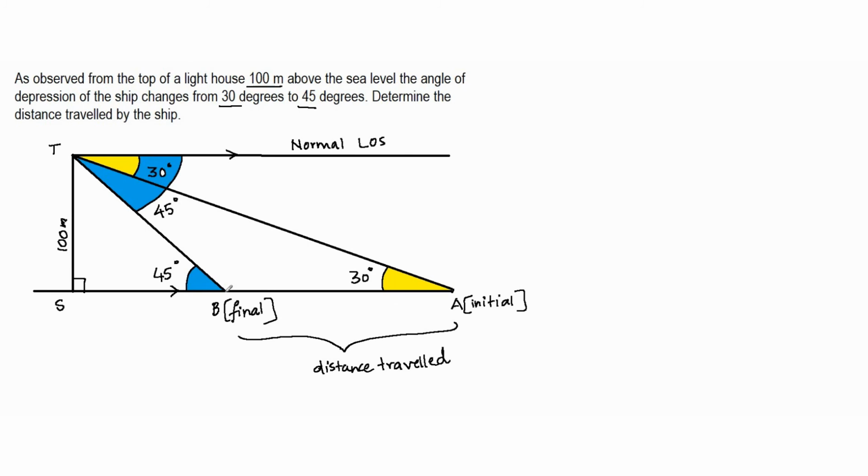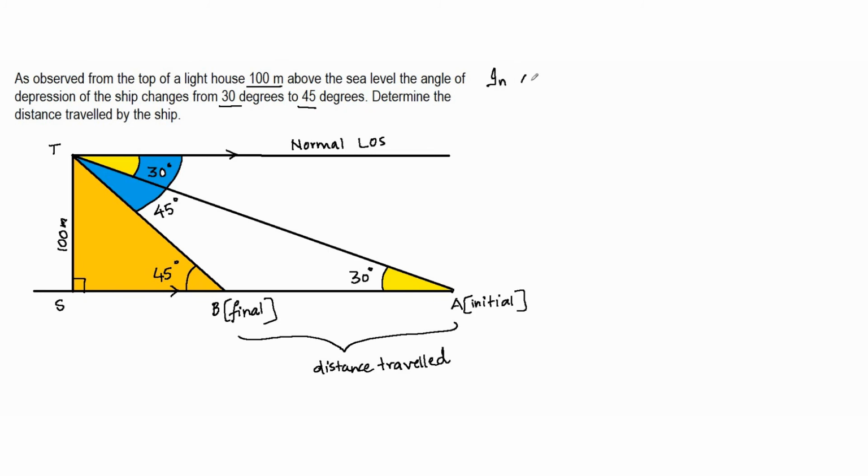Now, if I wish to find the length AB, I am first going to use the triangle TSB to find the length of SB. With respect to the 45 degree angle, I know the opposite side and I want to find the adjacent side.